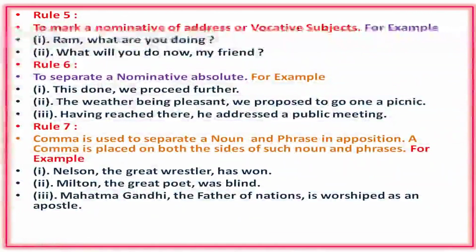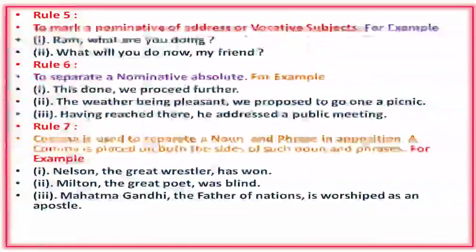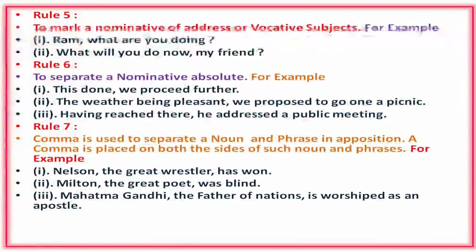Rule number 6: To separate a nominative absolute, we use the comma. For example: this done, we moved further; the weather being pleasant, we proposed to go on a picnic; having reached there, he addressed a public meeting.